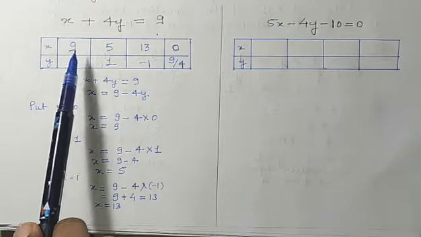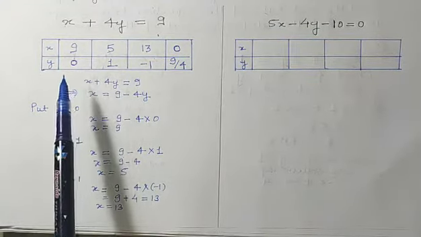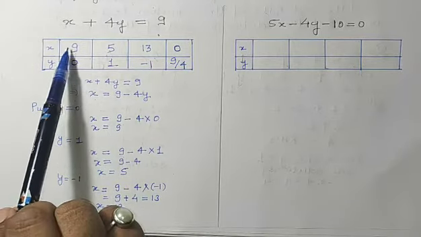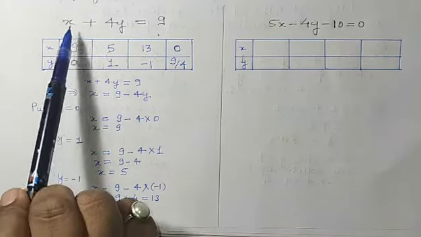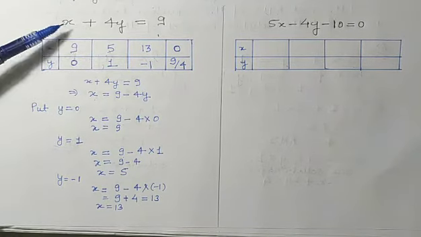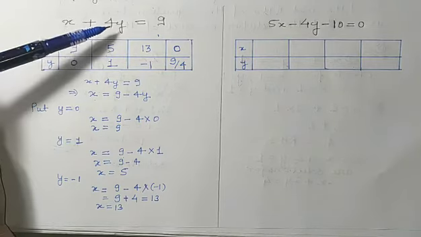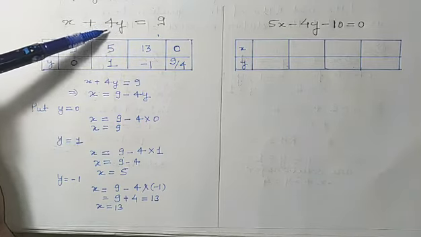Like if we want to verify these solutions, just put x is equal to 9 and y is equal to 0. So here the value of x is 9 and the value of y is 0, so this term is 0.